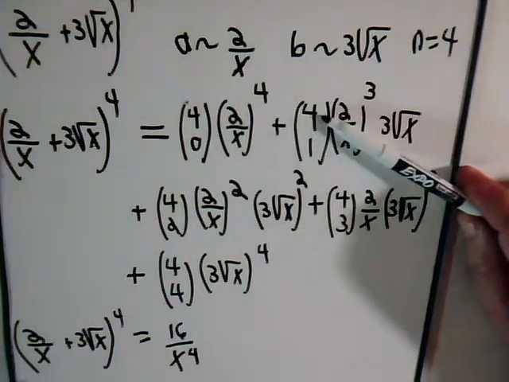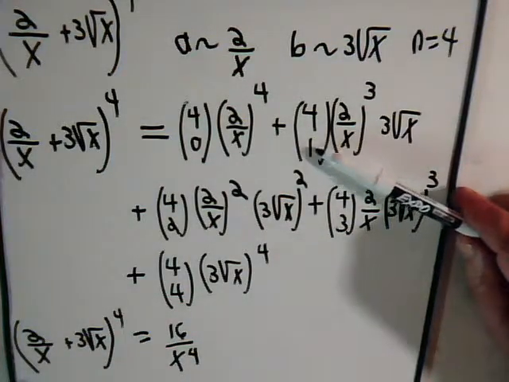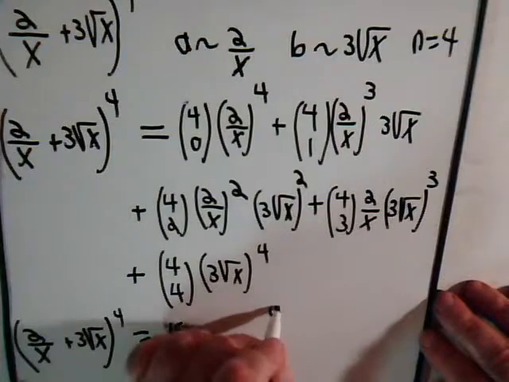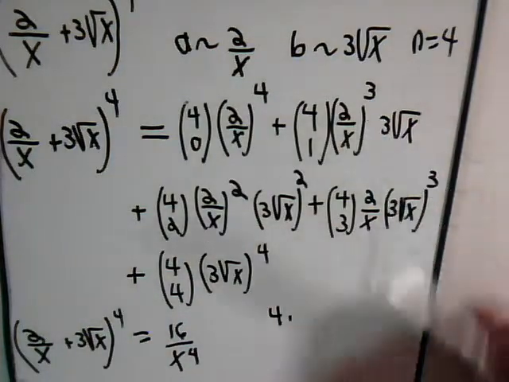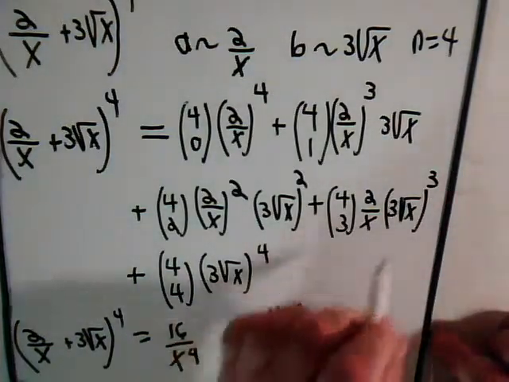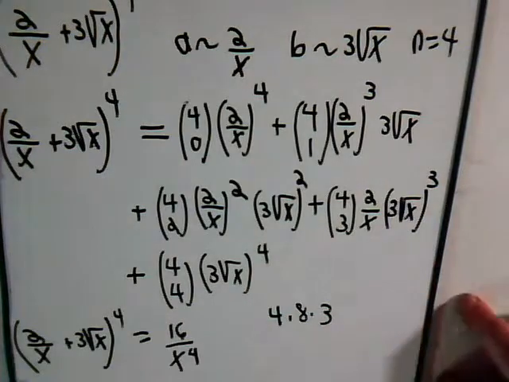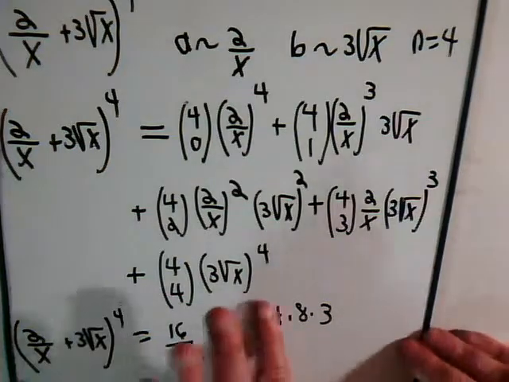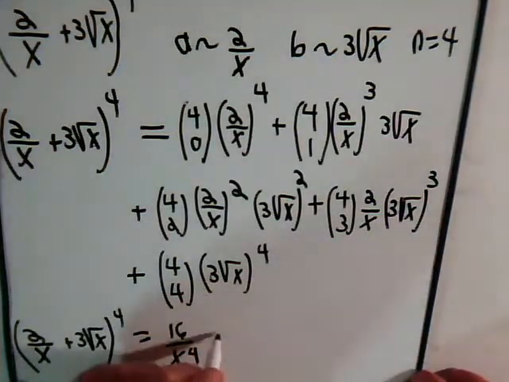And this is going to be 4 factorial over 1 factorial times 3 factorial. So that's just 4. So we have 4 times 2 cubed is 8 times 3. Okay, so here we have 32 times 3 is 96. That's our coefficient.